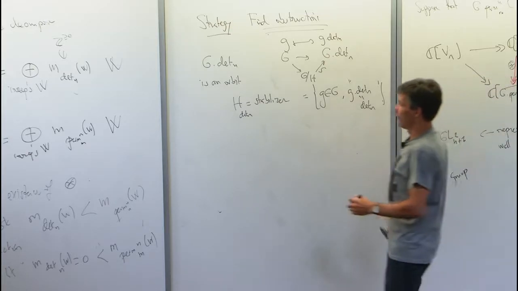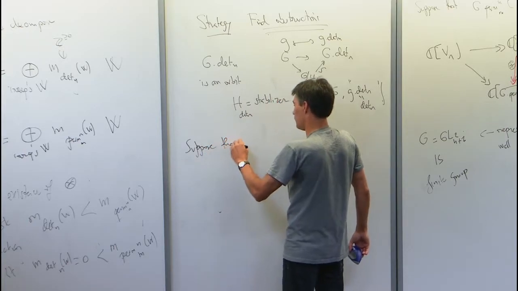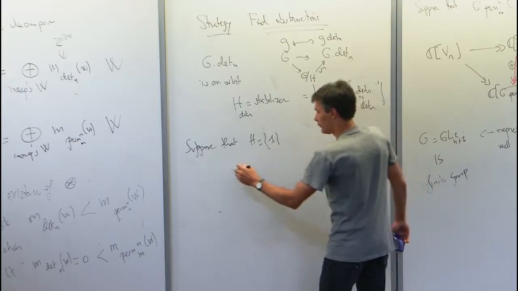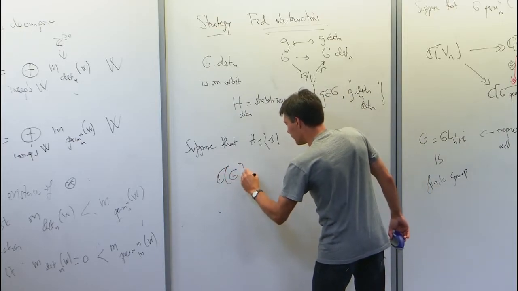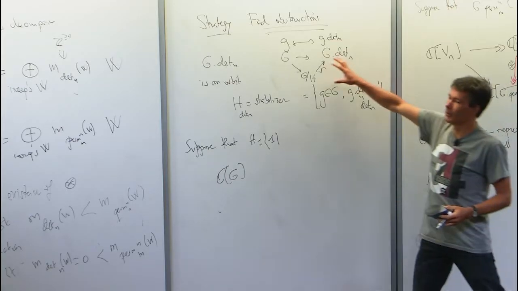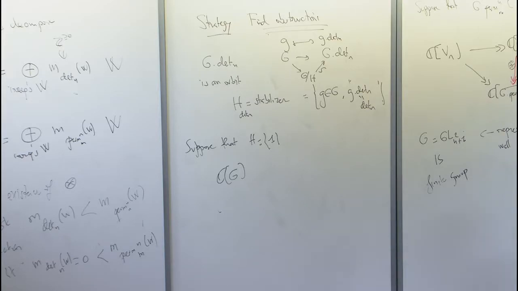So suppose that H equals 1. Then the orbit will be isomorphic to just the group G, and then we know what this is.